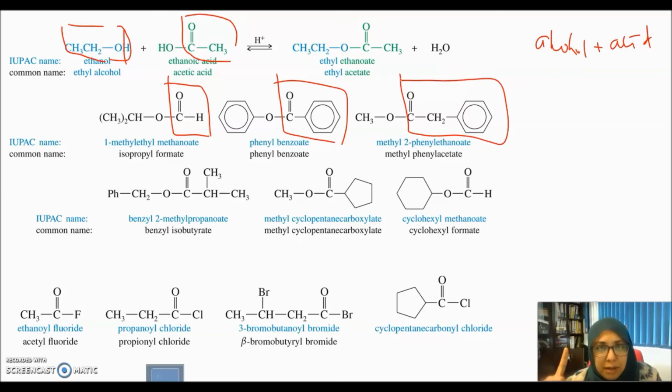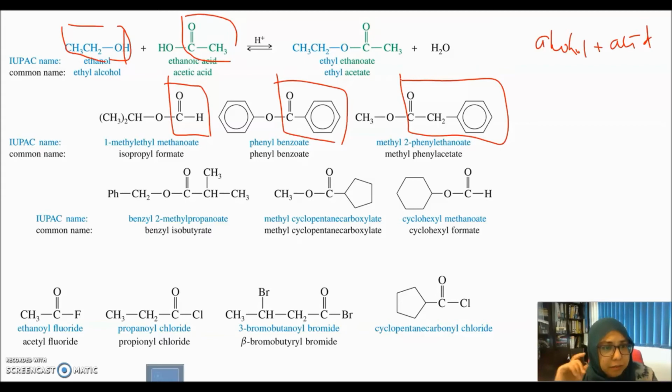Remember, met means one carbon. And then the alcohol part, you are going to use the naming 1-methylethyl. That means it begins with 1-methylethanol. The middle one is phenol and benzoic acid, so you name it phenyl benzoate. And the next one is methanol and phenylethanoic acid. So you are going to name it like that.